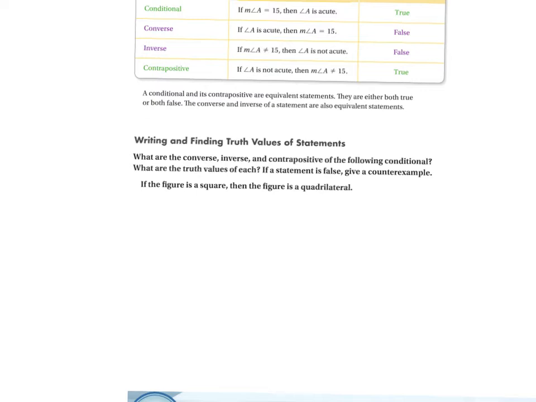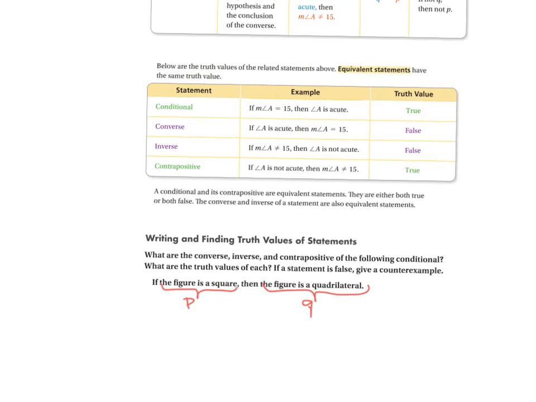If the figure is a square, that's your P, then the figure is a quadrilateral. That's your Q. For the first one, we have to find the converse, inverse, and contrapositive of the conditional, and what are the truth values of each? And if the statement is false, give a counterexample.